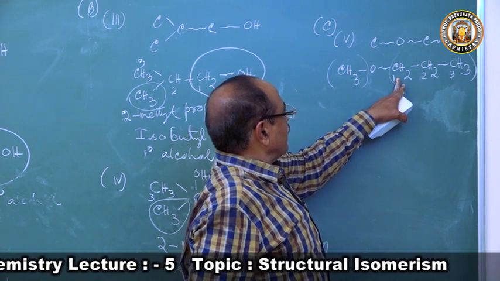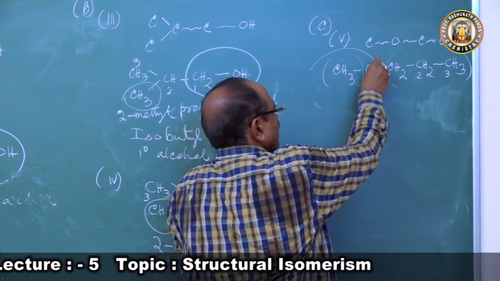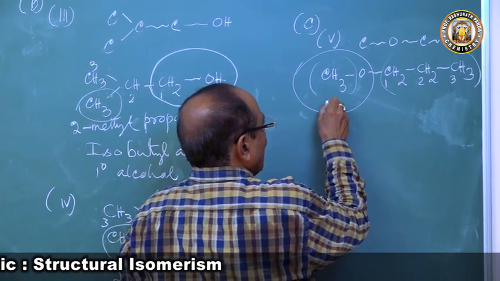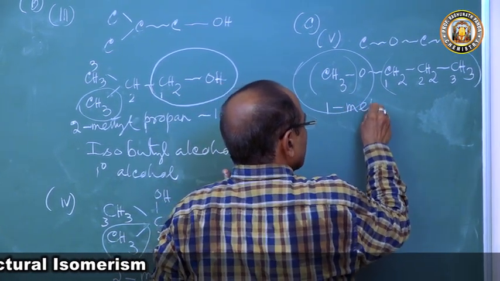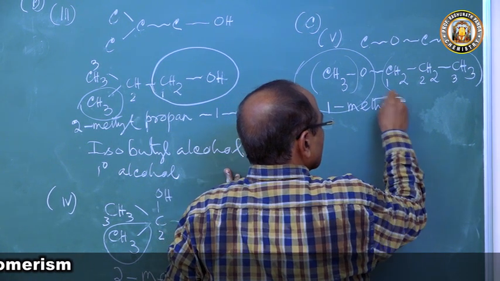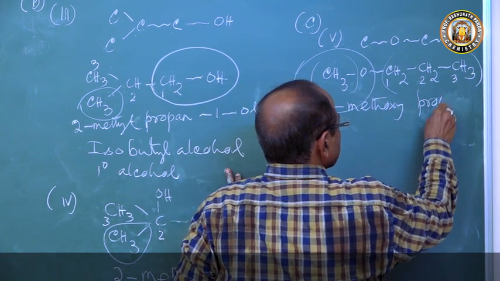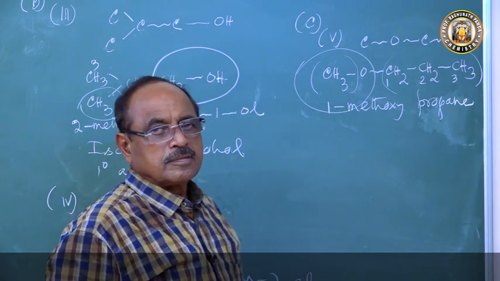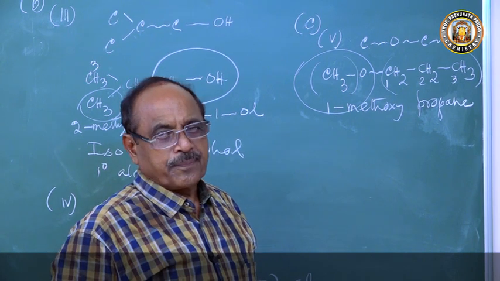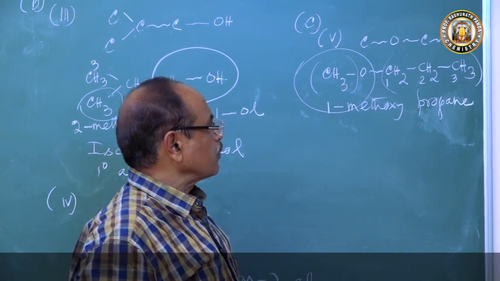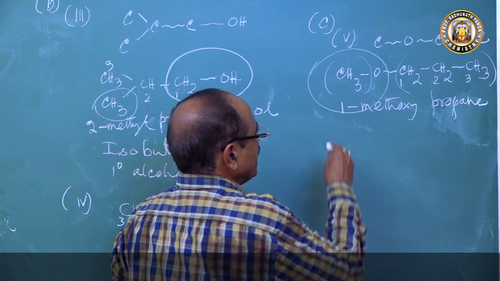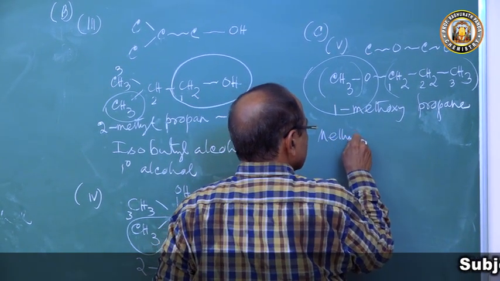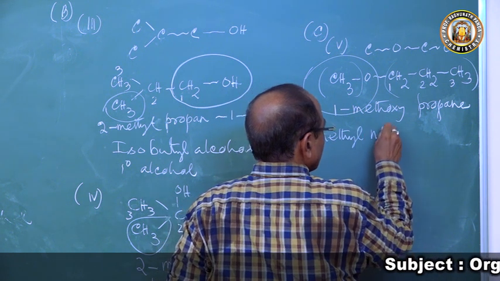One carbon atom of propane is bonded to a methoxy group, so the IUPAC name is 1-methoxypropane. Its common name is methyl propyl ether.